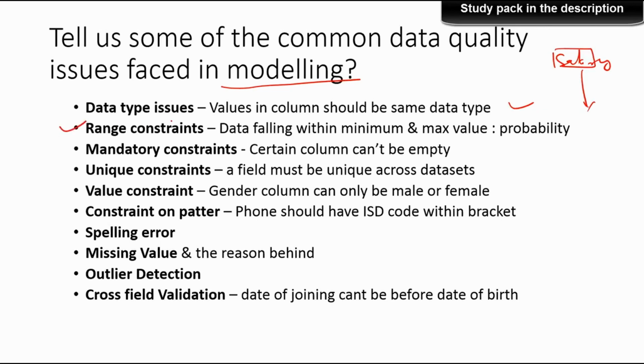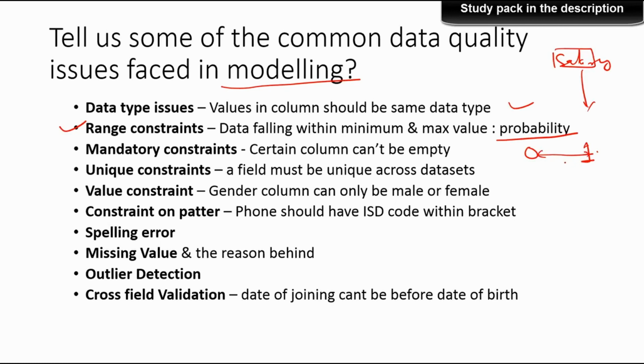Range constraints, like some data always fall in a particular range. For instance, probability always has a minimum value of 0 and a maximum value of 1. It cannot be a negative number, and it cannot go beyond 1. It has to be between 0 and 1.